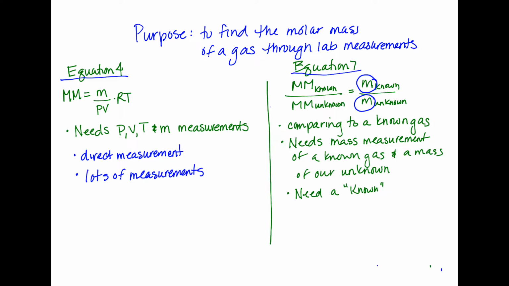For equation 7, the pros are there are just a few measurements, just 2 masses. But the con is that you need to know about another gas, our known gas.